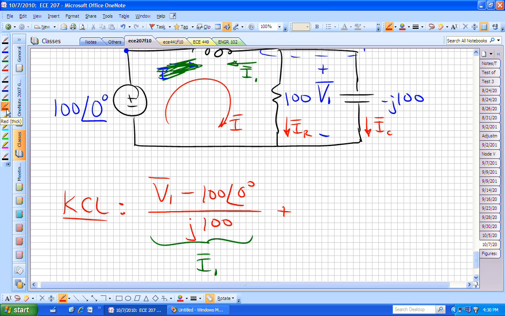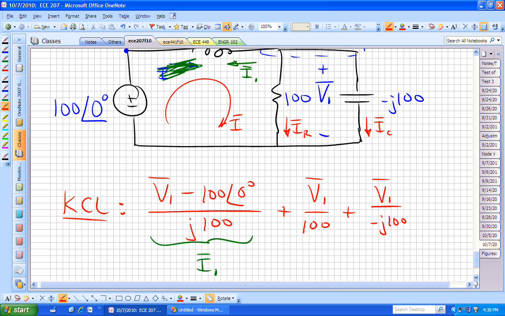That's now coming out of the node going down. That I'm going to say is V1 over the R, which is just 100. What's the current coming down through the far right branch? V1 over this complex impedance, which is just minus j100.